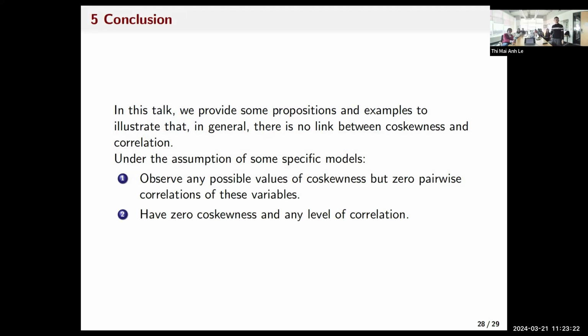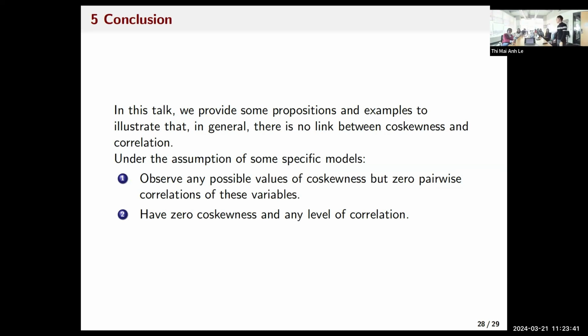Okay, then let me draw the conclusion here. In this talk, we provide some propositions and examples to illustrate that, in general, there is no link between the coskewness and the correlation, no matter whether the coskewness is 3-dimensional or 2-dimensional.